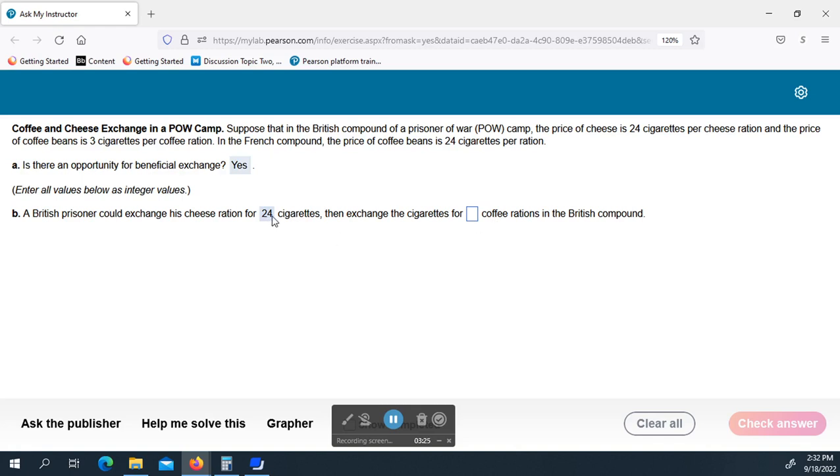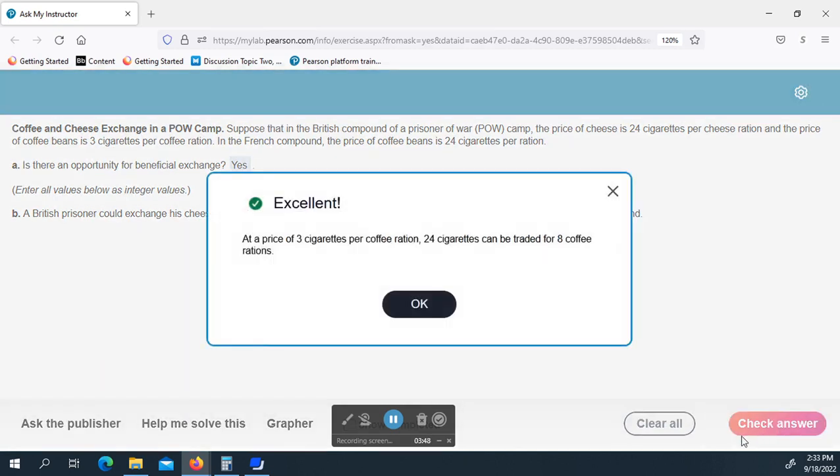He's got 24 cigarettes now, and there's 3 cigarettes per ration, so that is 8. If he did 3 for 1, then 6 gets him 2, 9 gets him 3, and so on. So 8 times 3 is 24, so I can have 8 coffee rations in the British compound.